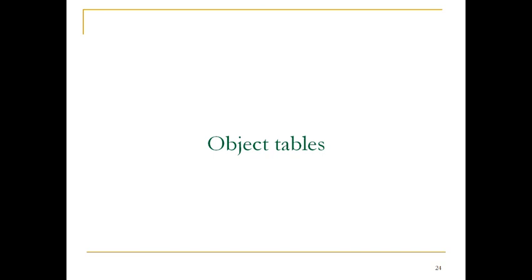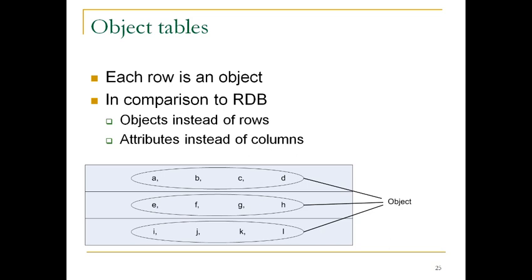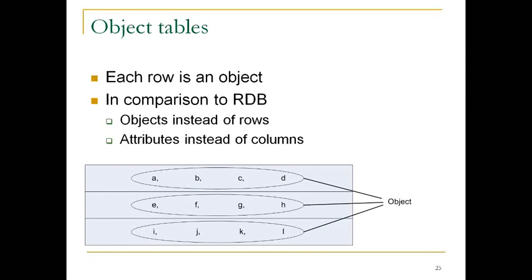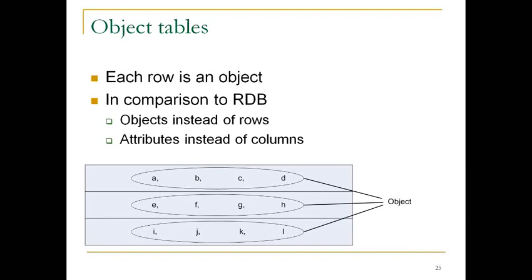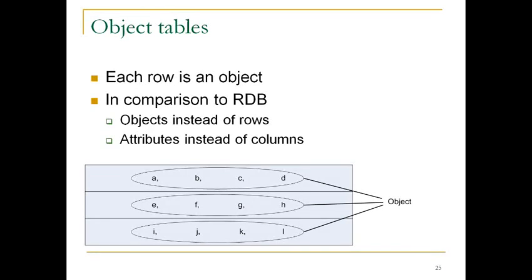Now moving to the things, how can we store these objects and how can we use them in practical examples. So the first thing is so-called object tables. We can compare them to the relational tables, and there are two differences. Instead of rows, we have the objects here. Each row is one object. Previously we had some columns in the table.